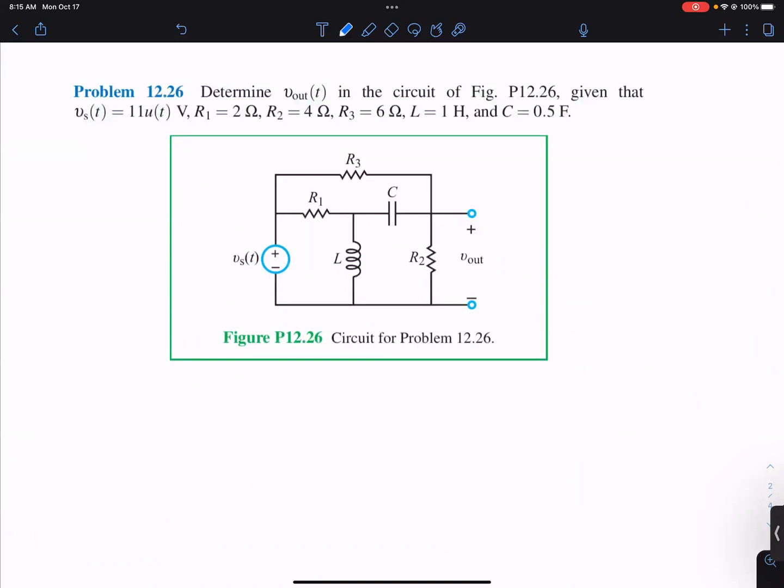So what do we want to do first? We need to find the initial conditions, correct?